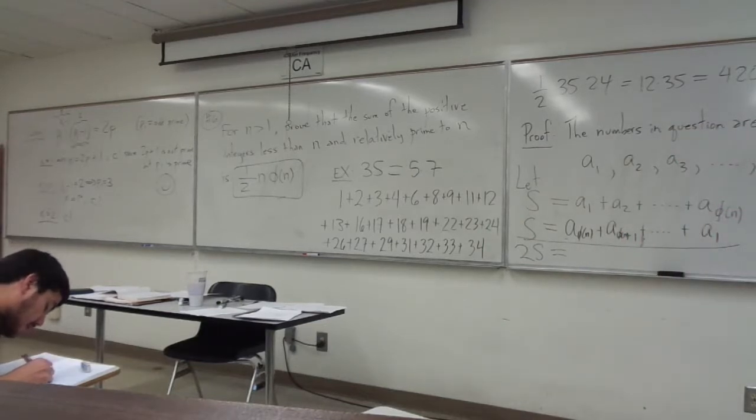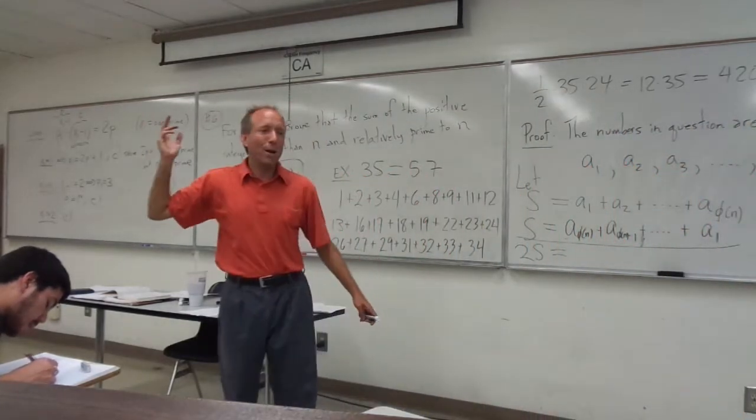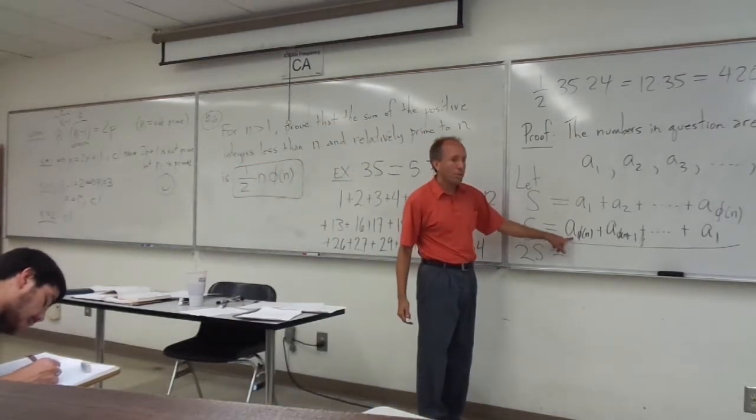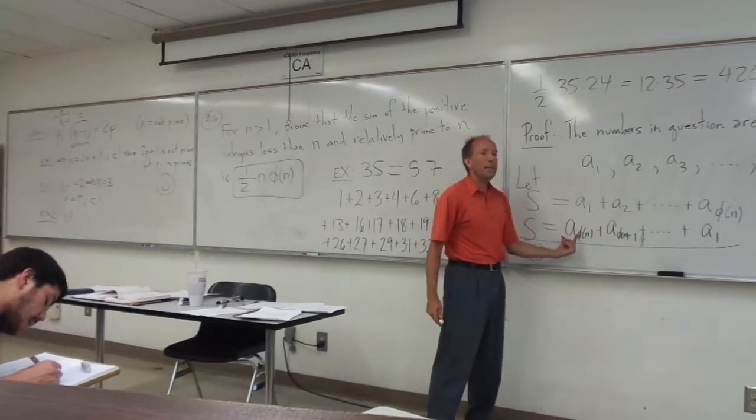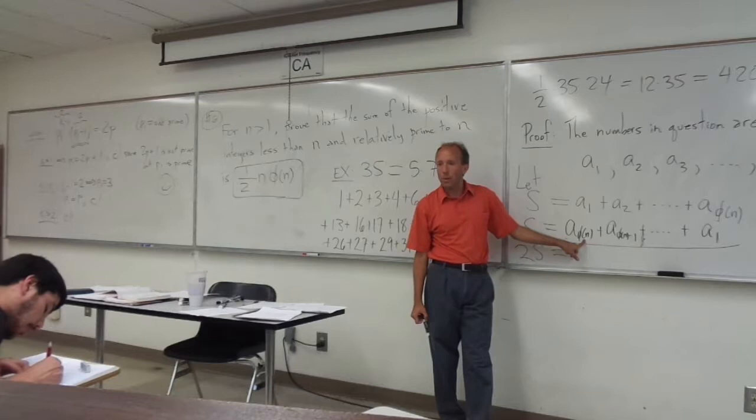You guys seen this trick? This is a trick for how to add up 1 through n. But we're not adding 1 through n right now. We're just adding up all the numbers that are relatively prime to n. But it's the same idea, right? So what is the phi of nth number?